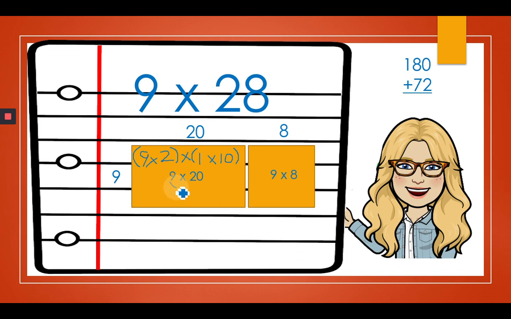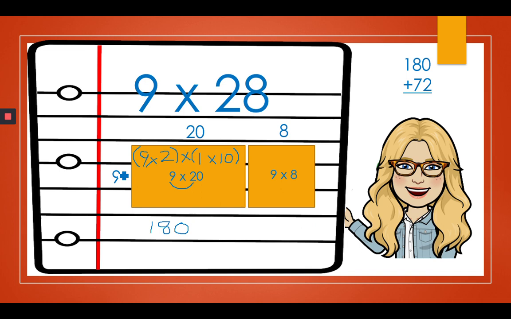We're just going to do 9 times 2 equals 18. And then we're going to do the 1 times 10 is 10. And then when we do 18 times 10, it's going to equal 180.